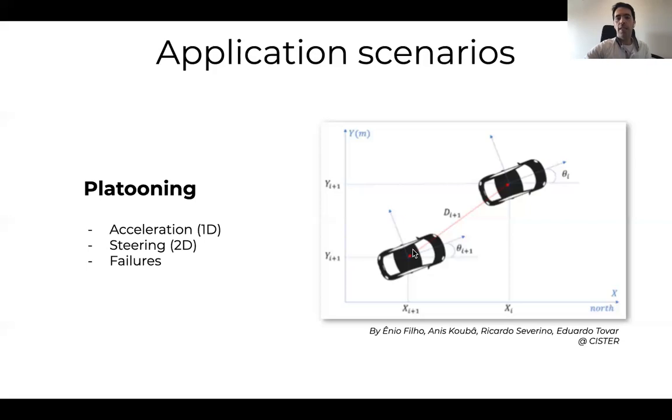So if the car on the bottom can precisely know the position, the velocity and direction of the car in front, then we can try to model what kind of algorithm we can use to fine tune it to make sure it's always at a certain distance and following the same path. So it's another scenario that can be modeled as well using this kind of programming languages.